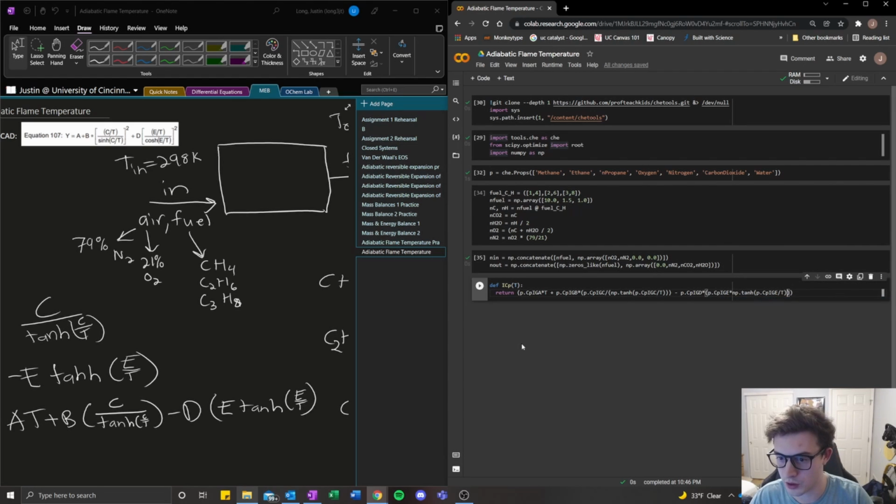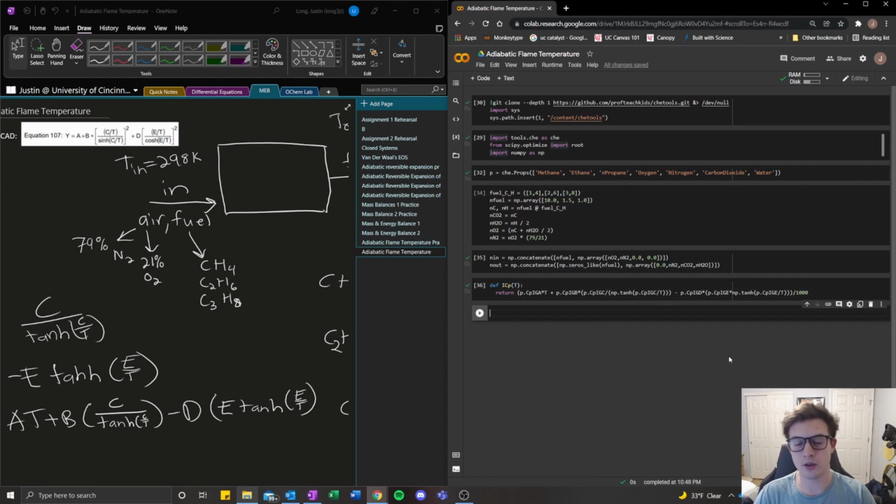And then let's just double check parentheses. And then you remember how we looked at the kilomoles. To convert to moles here, we need to divide all of this by 1,000. Perfect.